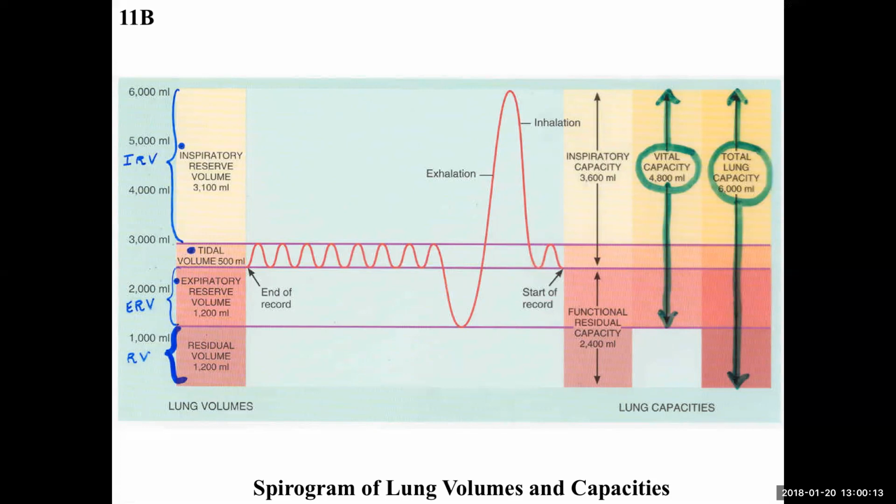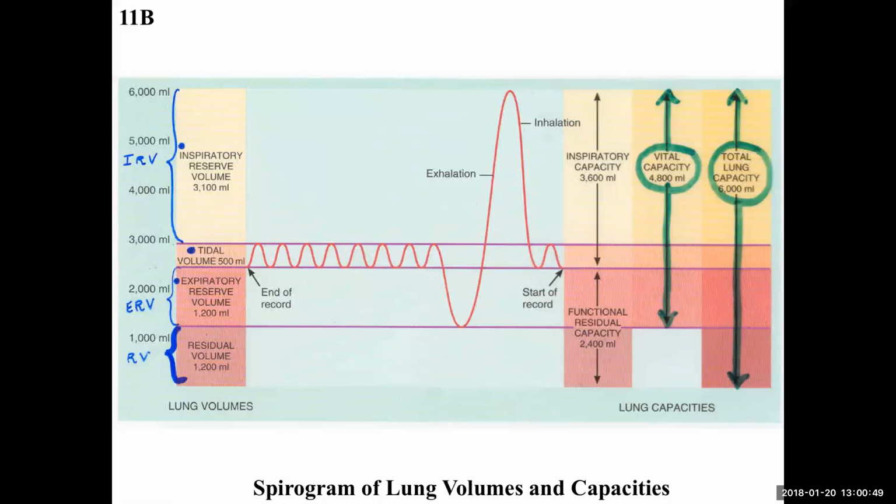But anyway, the inspiratory reserve volume is the amount of air taken in over and above the tidal volume. So it's the amount of air that can be inspired forcibly beyond the tidal volume. And the IRV in men is about 3.3 liters, and in women it's about 1.9, almost 2 liters, or 1900 milliliters. So you can see that over here, the inspiratory reserve volume, they're giving sort of an average of 3.1 liters, or 3,100 milliliters.